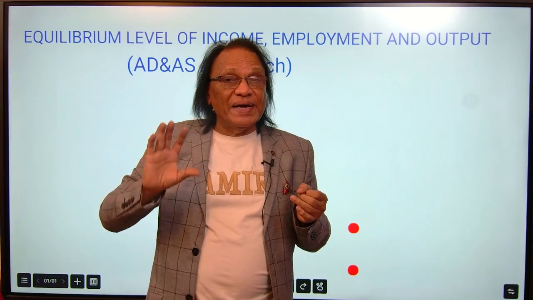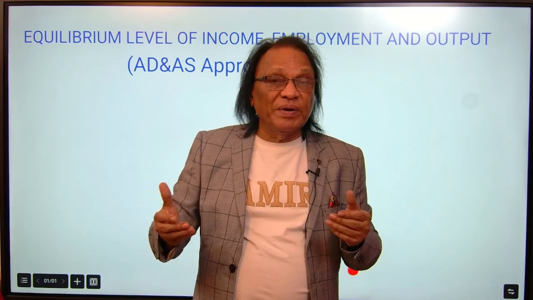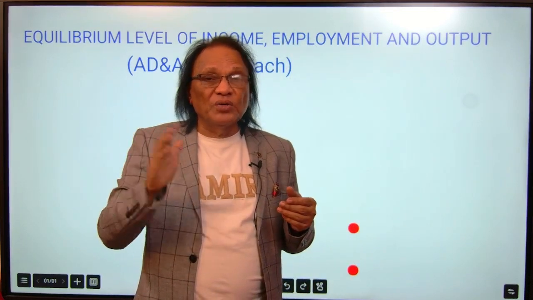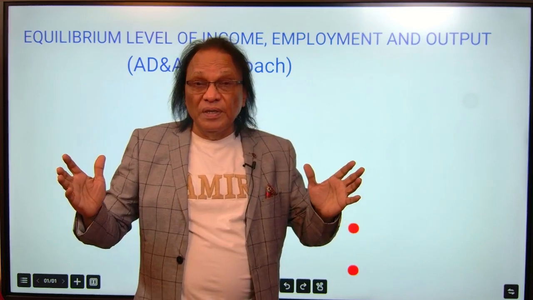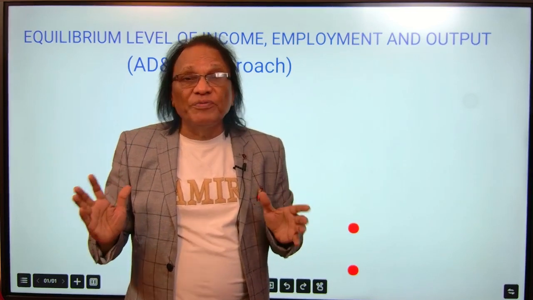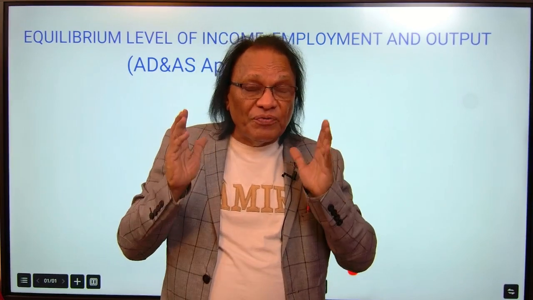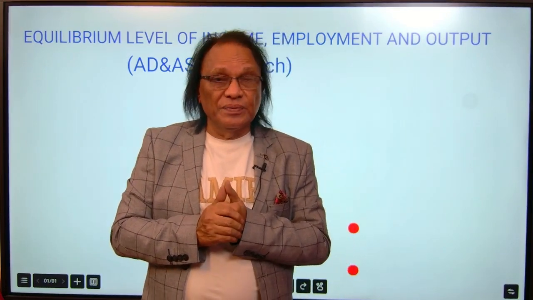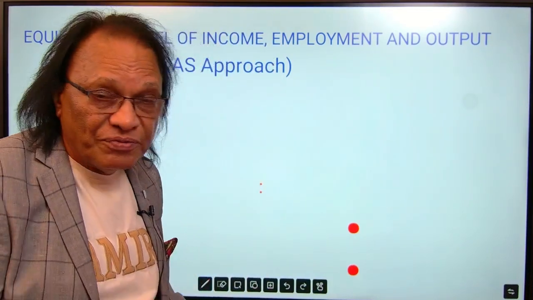If aggregate supply is more than aggregate demand, that means people are not spending money but there is more supply, so automatically output will come down, income will come down, employment level will come down till the point AD becomes AS. So the conclusion: the economy will be at equilibrium only when AD is equal to AS. You cannot have equilibrium level of income, output, employment anywhere else in the economy, only when AD is equal to AS.